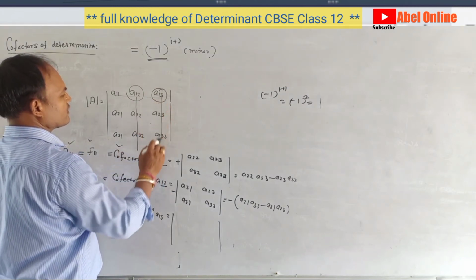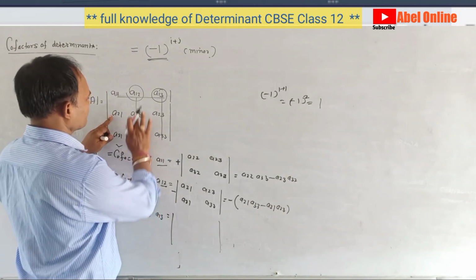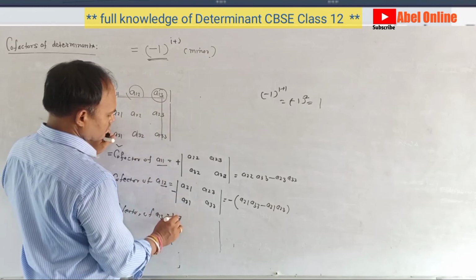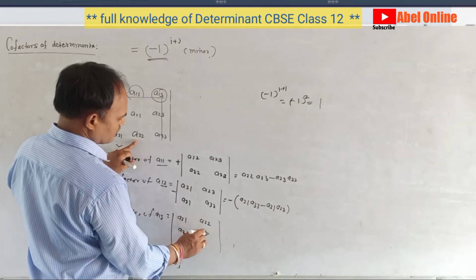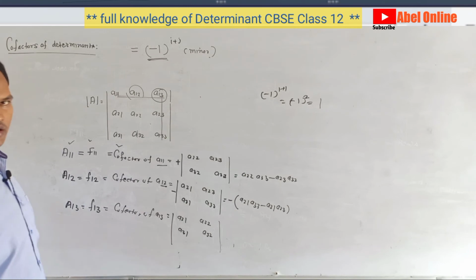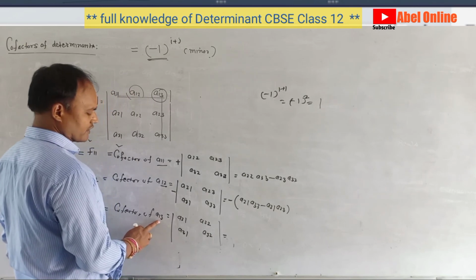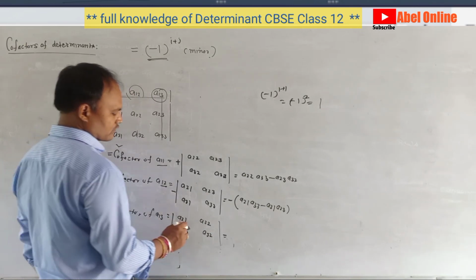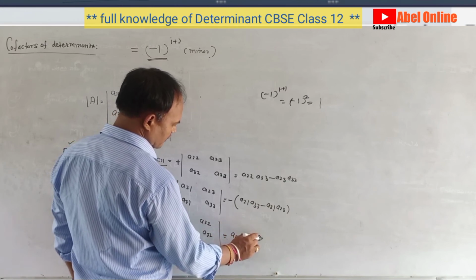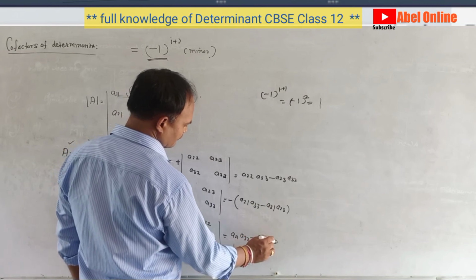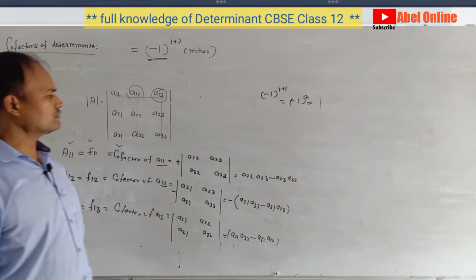For A13, this row and this column are eliminated, so the remaining part is A21, A22, A31, A32. Okay, this is the same data. Good. 1 plus 3, it is a 4, so the sign is positive. So it is A21 A32 minus A31 A22.